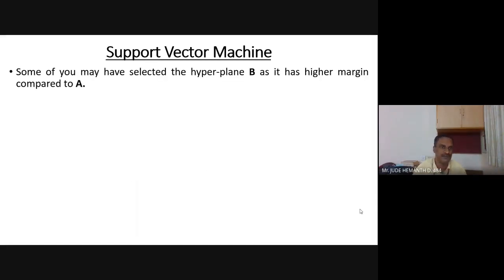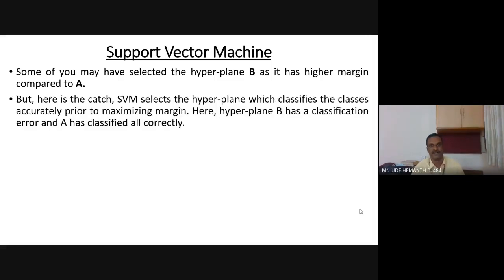Some of you may have selected hyperplane B, stating that the accuracy is good, even though it has a higher margin compared to A. But the idea of a support vector machine is to select the hyperplane which classifies the classes accurately prior to maximum margin.